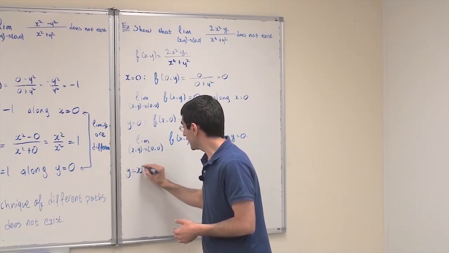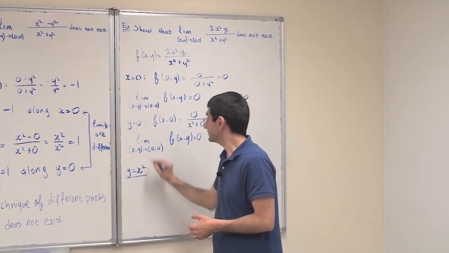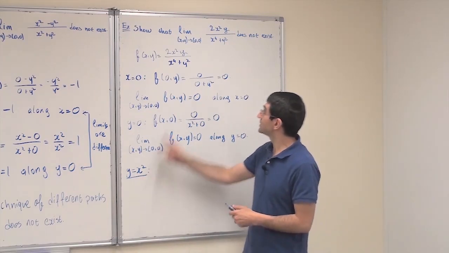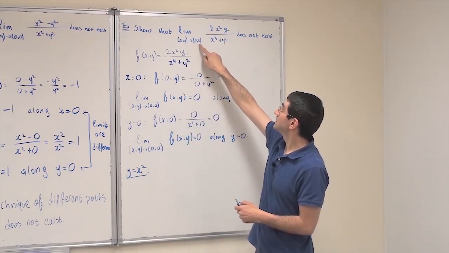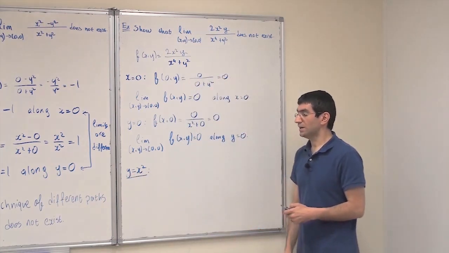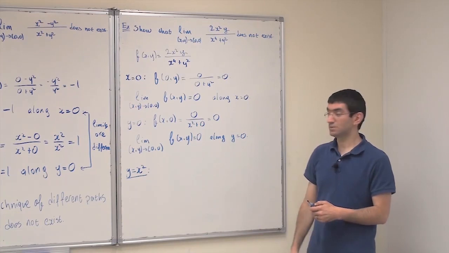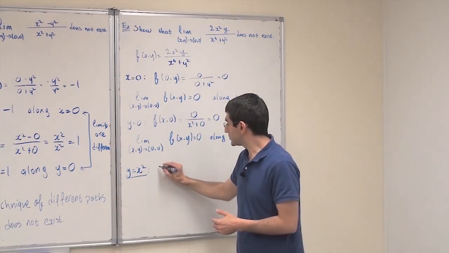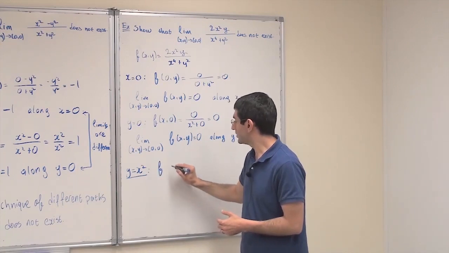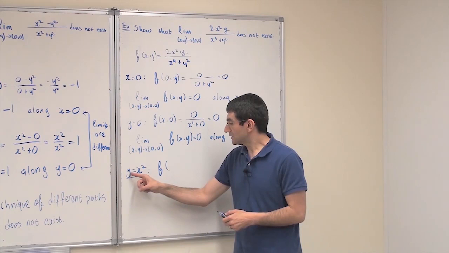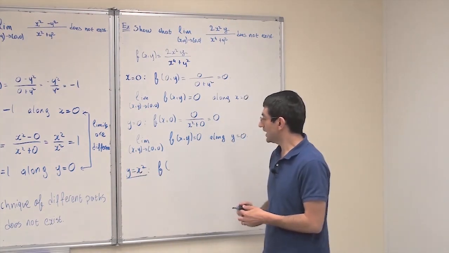So let us try the following: y equals x squared. This path passes through the point (0, 0), because if I substitute 0 for y and 0 for x, the equality is satisfied. And let's substitute this path in our function. So y is going to be equal to x squared.